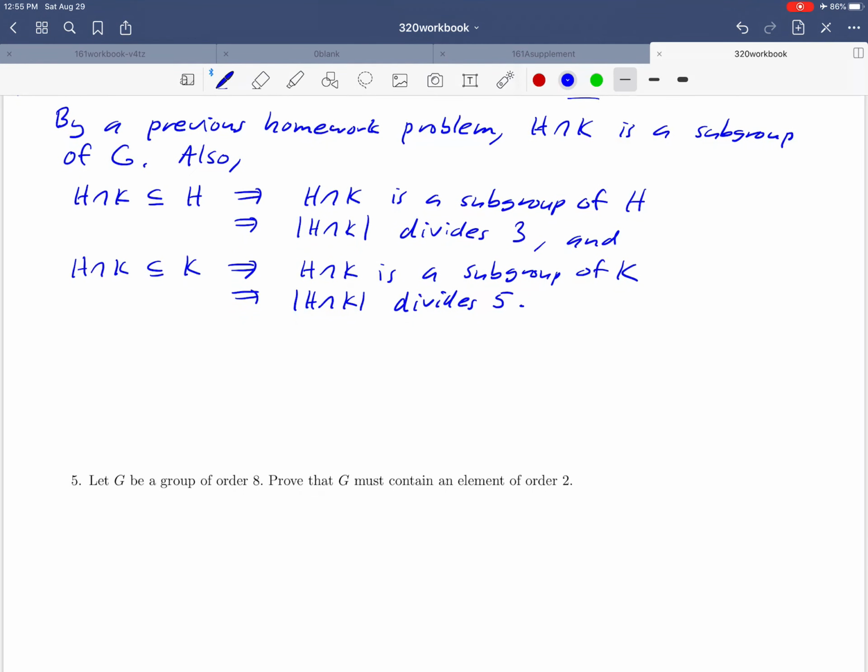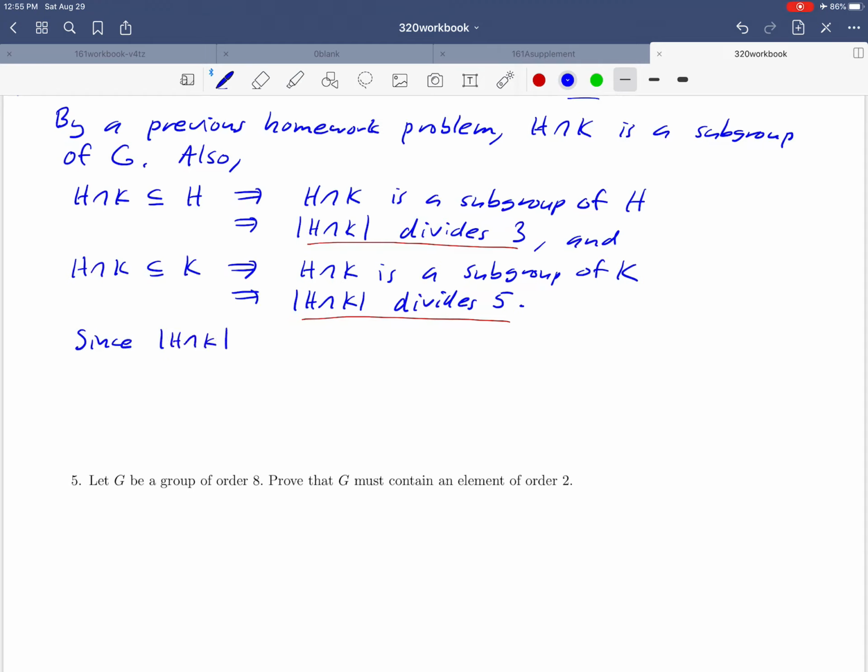Okay, so let's put those two things together then. We know that the order of H intersect K is a divisor of both 3 and 5, but what's the only common divisor that 3 and 5 have? Just 1, okay, because the GCD of 3 and 5 is 1. And so let's say it this way.